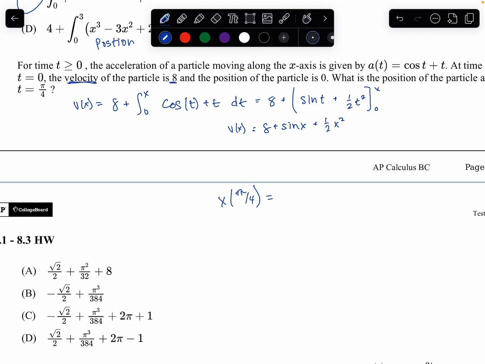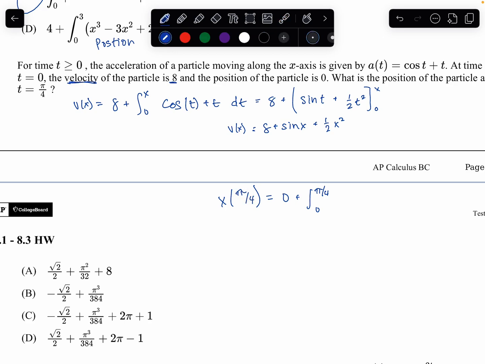So it's just going to be 0 plus the integral from 0 to pi over 4. Now I actually want the value at pi fourths here, not for velocity. That's not what I was looking for. I wanted an actual function so that I can use it to find the actual position.